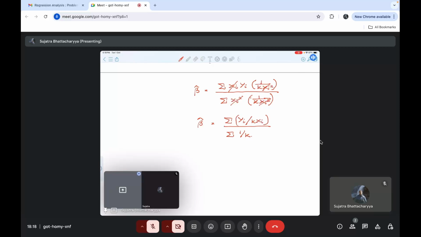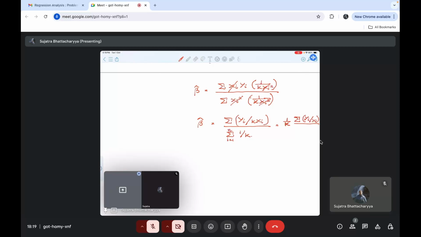Well, then what? In the numerator, this 1 by k can be taken out of the summation because k is a constant. So this will be yi by xi. But in the denominator, this summation is on 1 by k. So if i is equal to 1 to n, there are n observations.